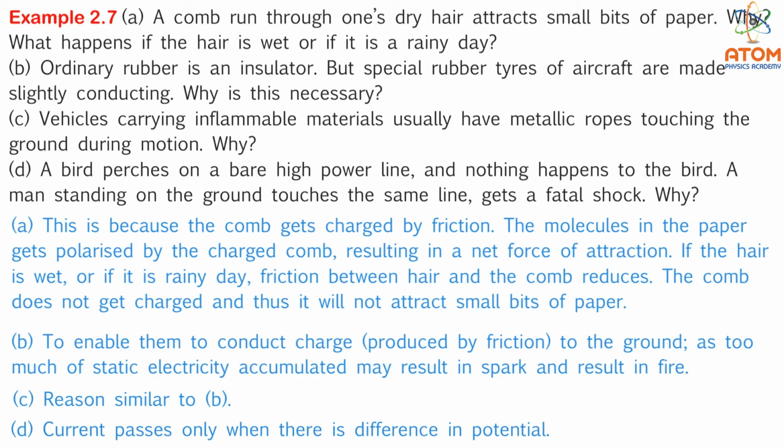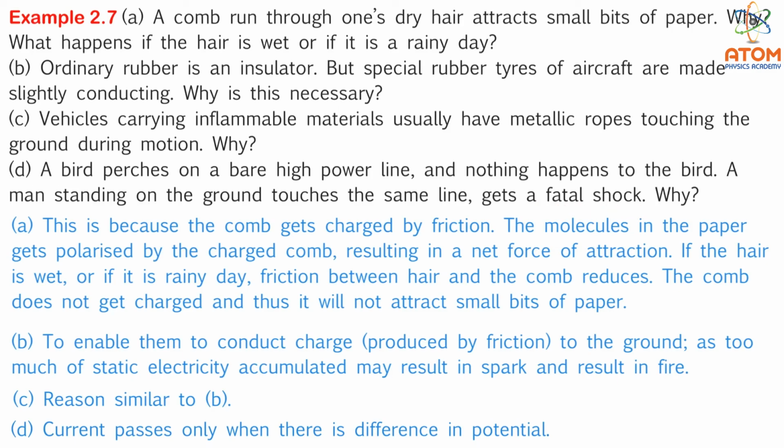But suppose a person is standing on the ground and he touches the same line, then what will happen? The whole amount of charge will pass through his body towards the ground. Means there will be a passage of charge from the wire to the body to the ground. This causes a large amount of current to pass through that body, and that obviously creates a fatal shock.